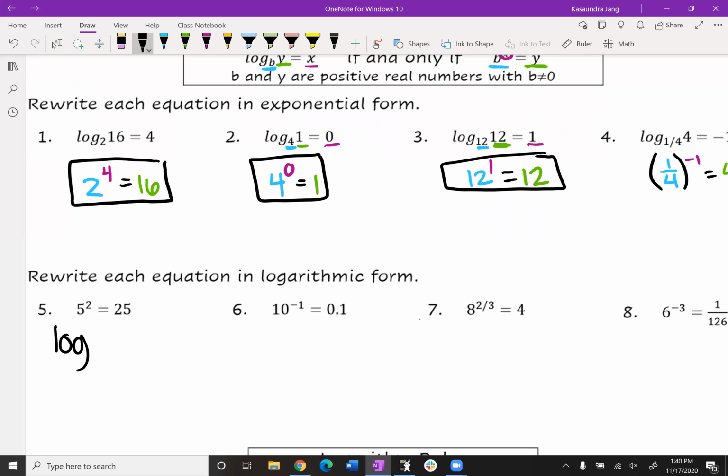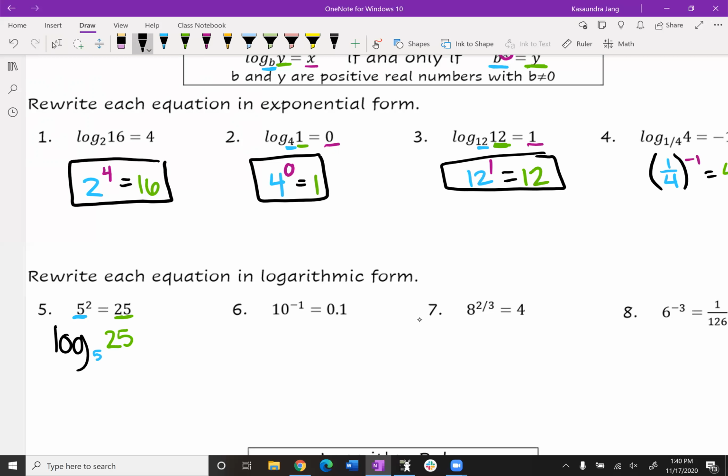In this case, it looks like the base on my exponential was a 5, so I should have a log base 5. Again, put it as like a little subscript, smaller, a little lower. And then the argument should be what was on the other side of the equal sign. This was a 25. It's like log base 5 of 25.